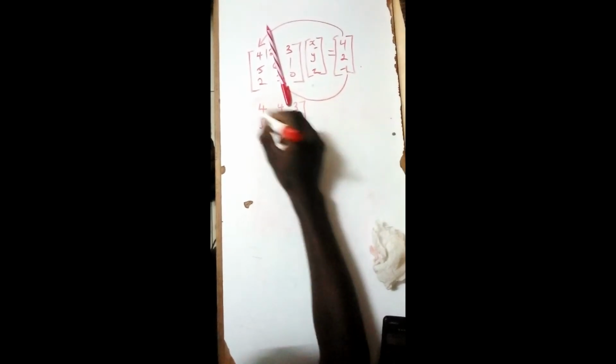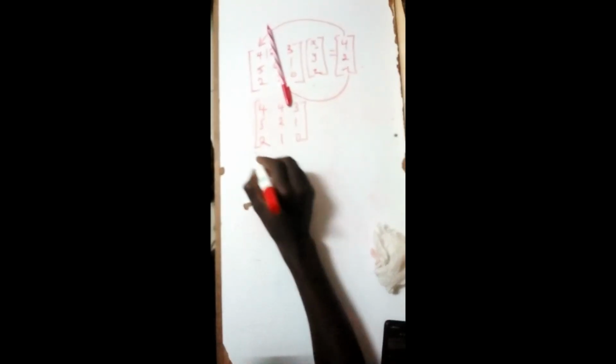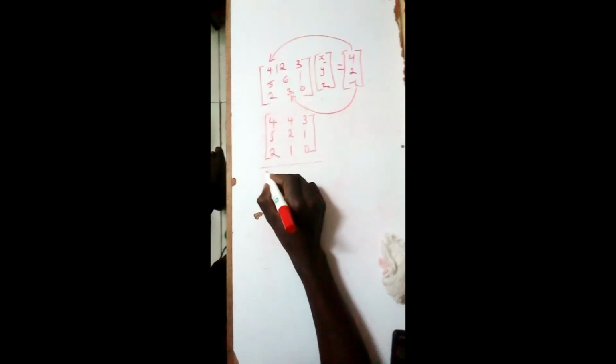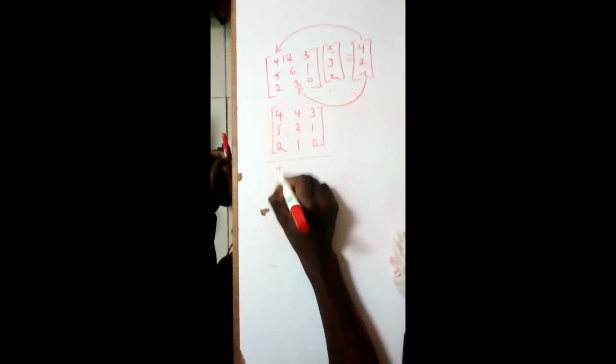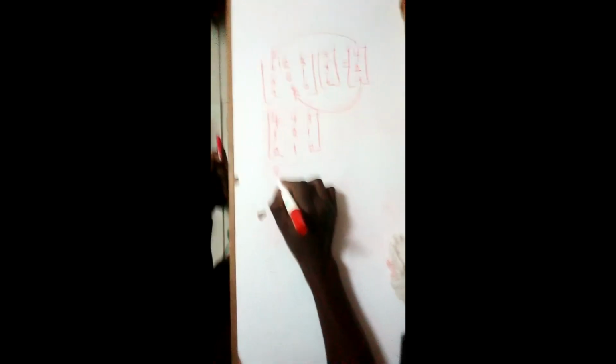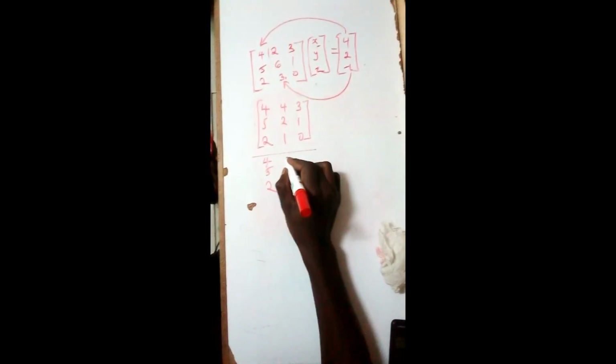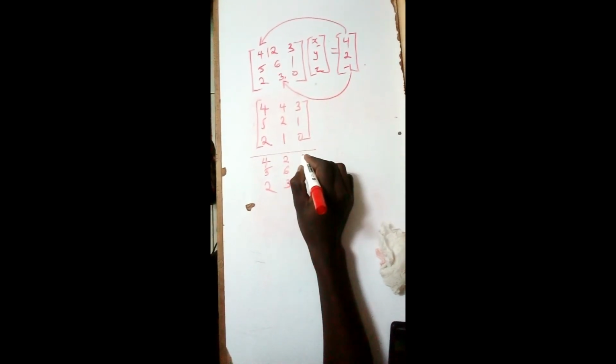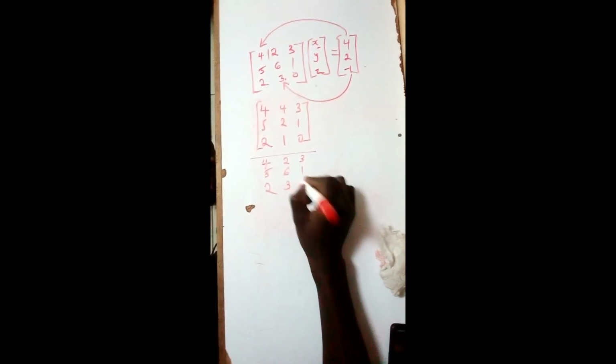This becomes the numerator matrix. Then we are going to divide by the initial matrix, which is 4, 5, 2, 2, 6, 3, 3, 1, 0.